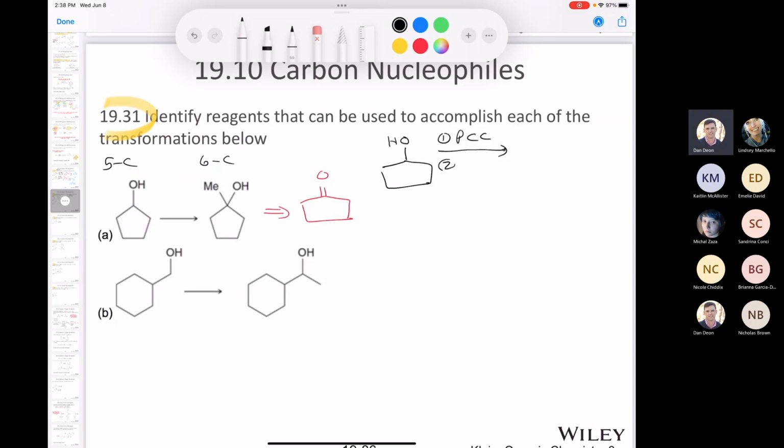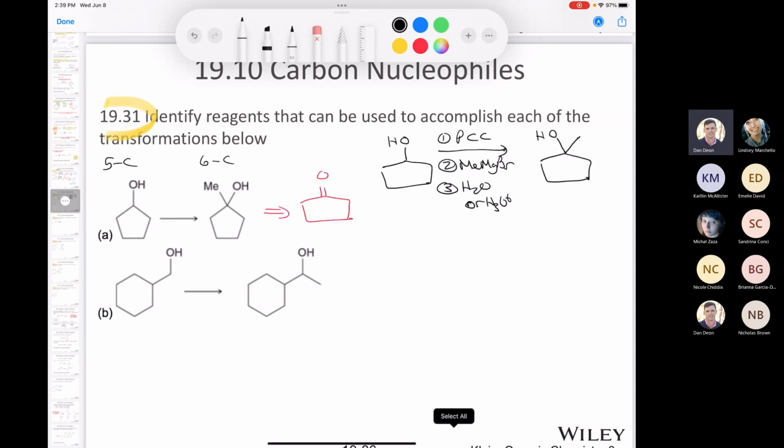Second step, we'll put methyl magnesium bromide. And the third step, we'll put H2O or H3O+, like that. And that is going to give us, you'd call that 1-methylcyclopentanol? Okay. And there's no chiral centers in there to worry about.